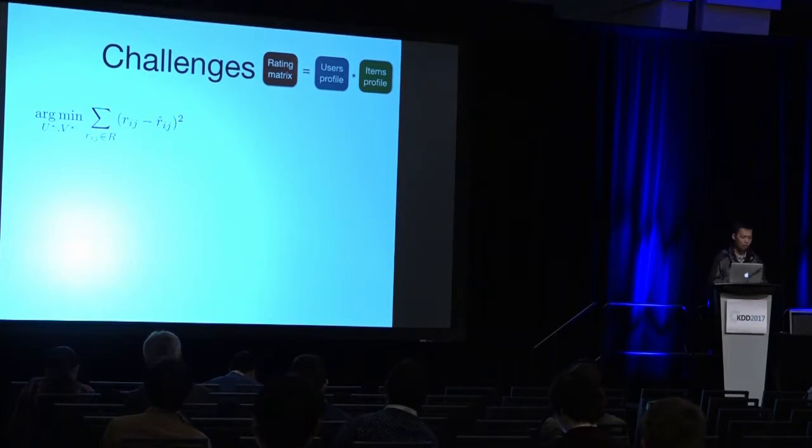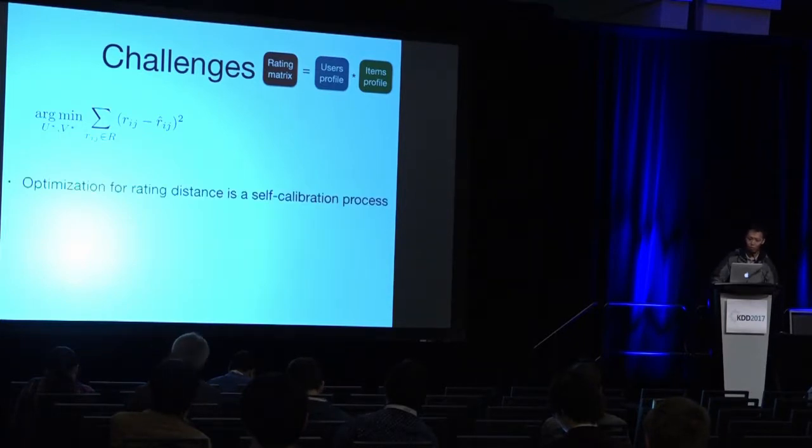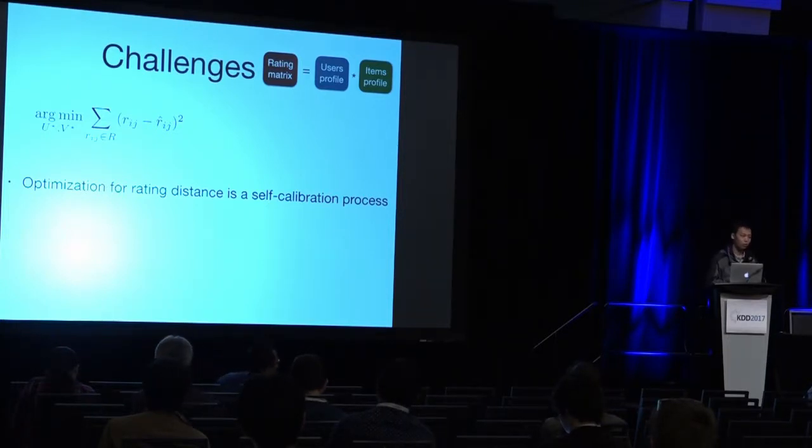And this slide provides some motivation, or explains why we should focus on the second step. This is the basic MF optimization target, and actually we can view it as a self-calibration process. That is, for a given rating R_ij, we actually update its corresponding user vectors and item vectors.